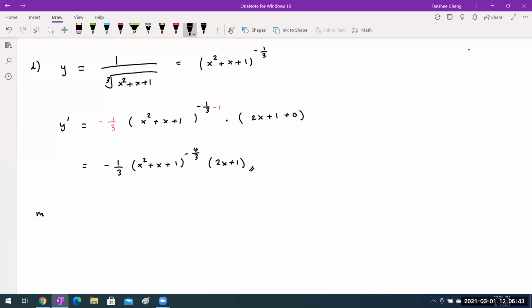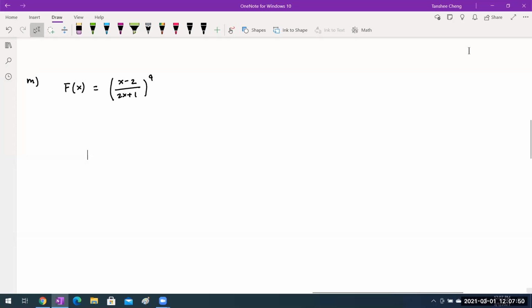And let's take a look at the last example. So for this problem, we have the power function, and then inside is rational. So here we need to use the chain rule plus the quotient rule. When I take the derivative with respect to x for the chain rule, first we take the power, so bring down the 9, right?